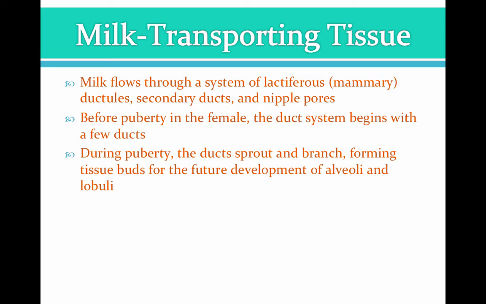Before puberty in the female, the duct system begins with very few ducts, and then during puberty the ducts sprout and branch, forming tissue buds for future development of alveoli and lobuli. The ducts grow with each ovulation as alveoli and lobuli develop, and sprout and grow even more during pregnancy, and the duct and alveolar tissues become more specialized in preparation for their milk-related functions.